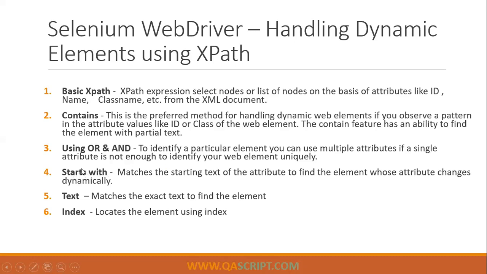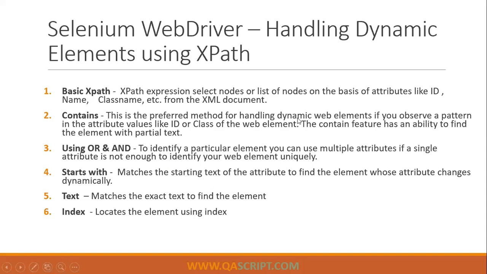So let me show you starts with, right? So this is another kind of method through which you can match the starting text of the attribute to find the element whose attribute changes dynamically. So for any dynamic element, you can put some text which is in the beginning of that attribute value, right?